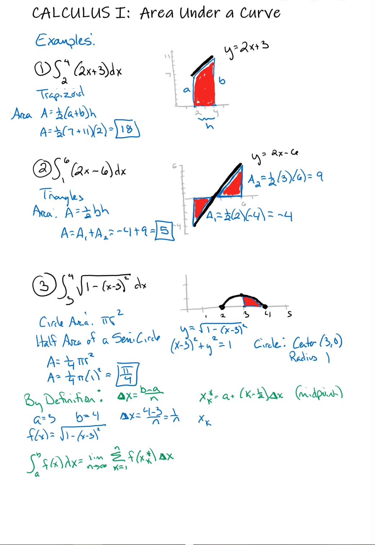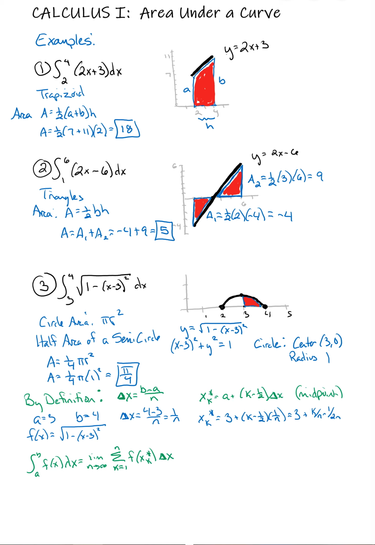And x sub k star, if we're choosing the midpoint for every one of those intervals, that gives us 3 plus k minus 1/2 times delta x, which we've already decided is 1 over n. That simplifies just a wee bit to 3 plus k over n minus 1 over 2n.